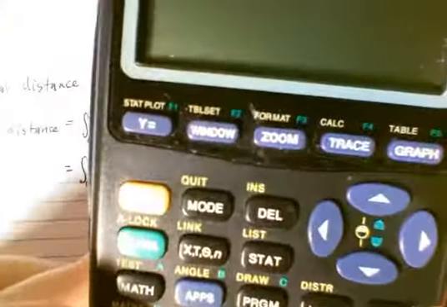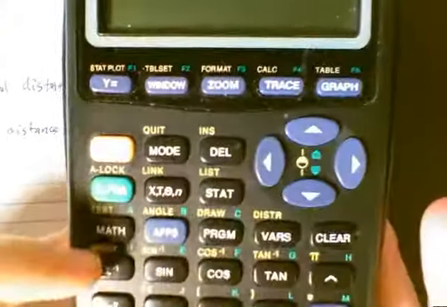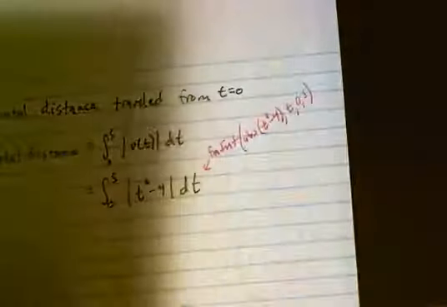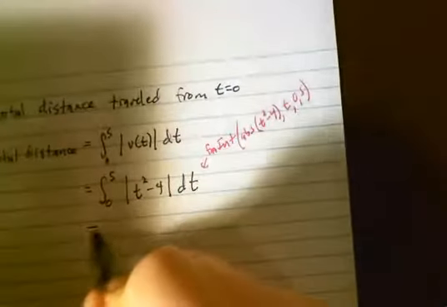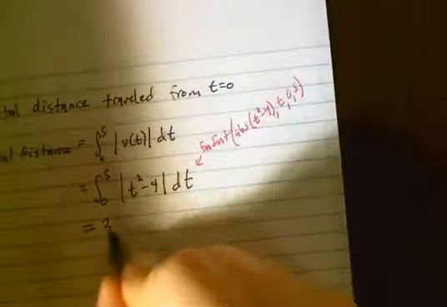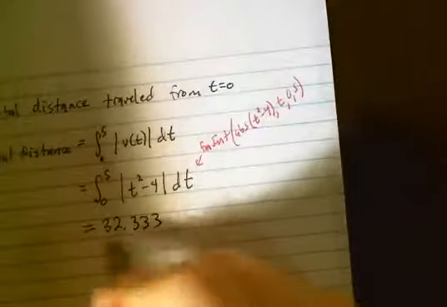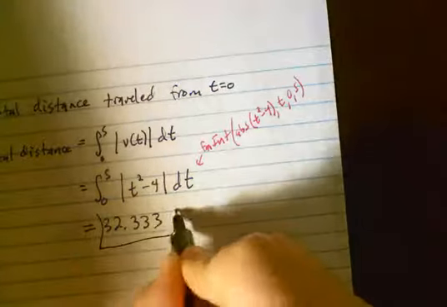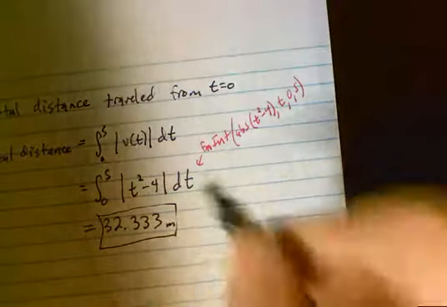And on the TI-82s, it's right over here above the x to the negative 1. You just do second, and then it's right there. When we do that, that's going to give us a number, 32.333 meters.